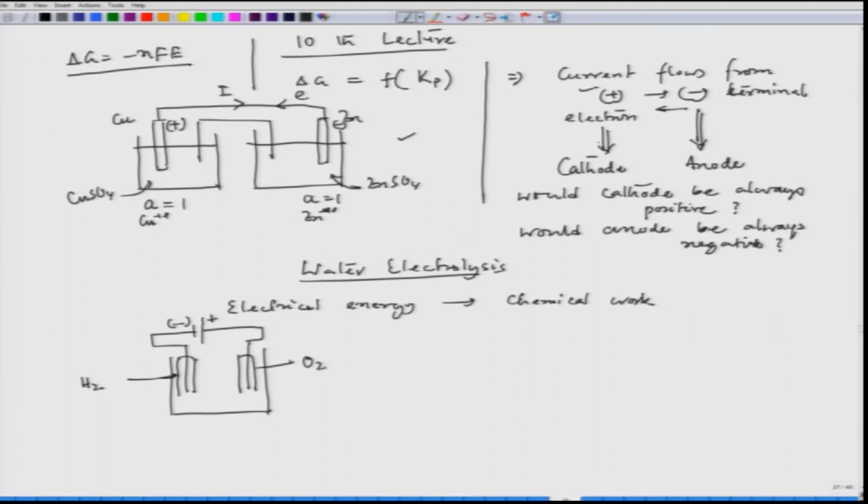So, H2O gives rise to O2 and H2. If we balance it, this would be the balance, and this goes to the positive terminal and this goes to the negative terminal.